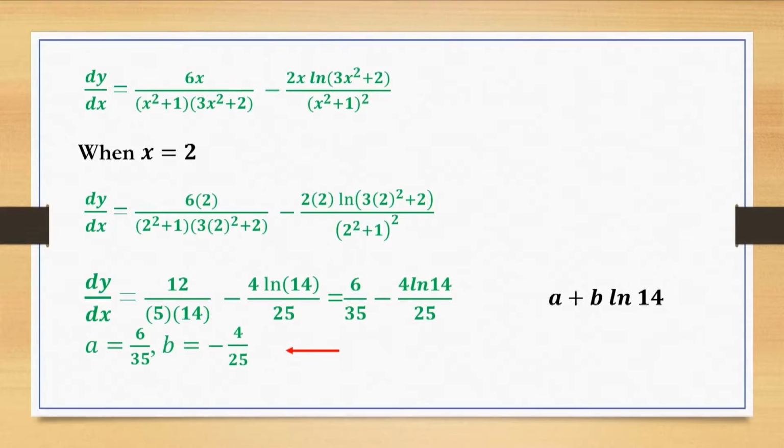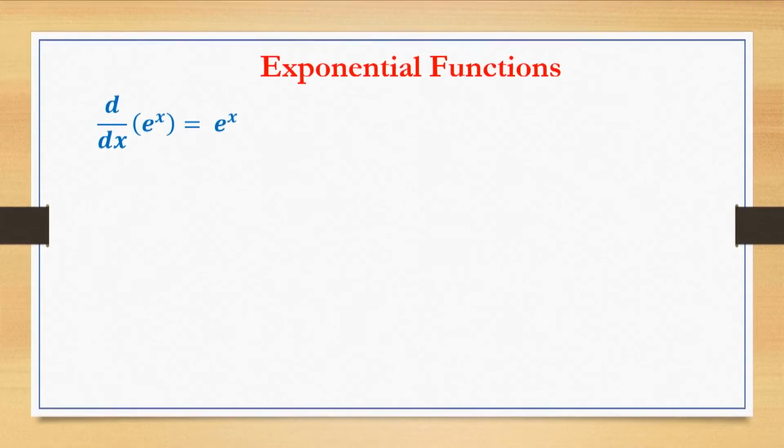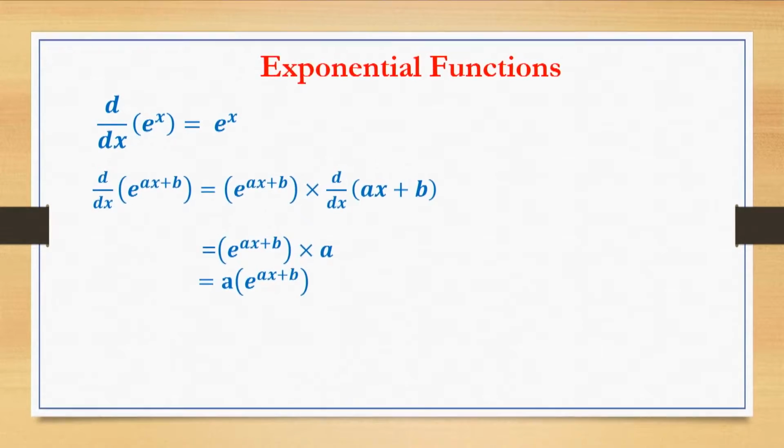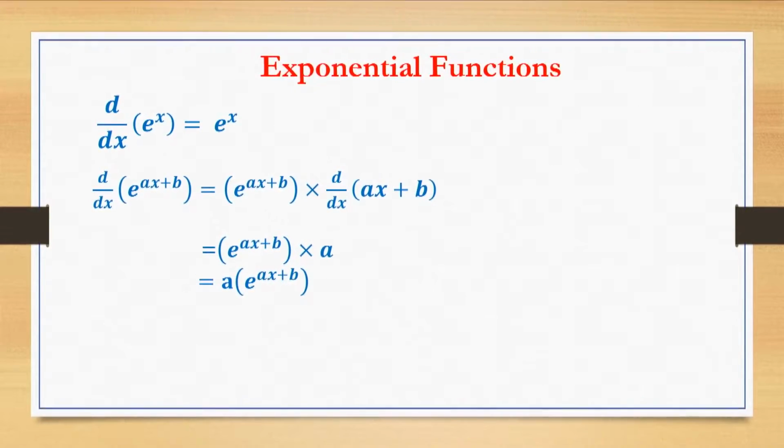We now move on to differentiation of exponential functions. So whenever you differentiate e power x, you get e power x. If you differentiate e power ax plus b, you will get e to the power of ax plus b times the derivative of the power, that is, times the derivative of ax plus b, which is a.